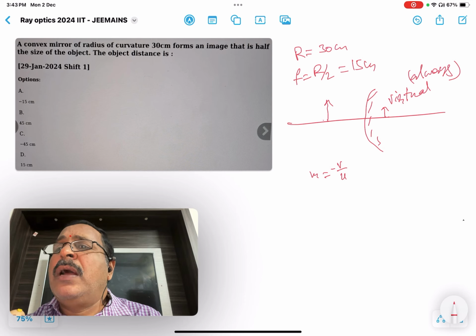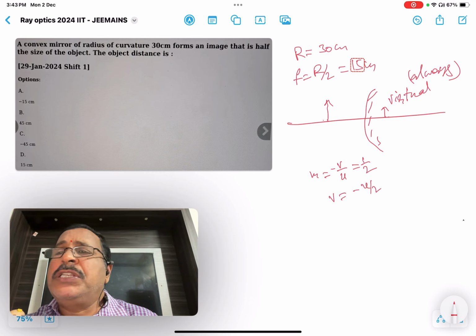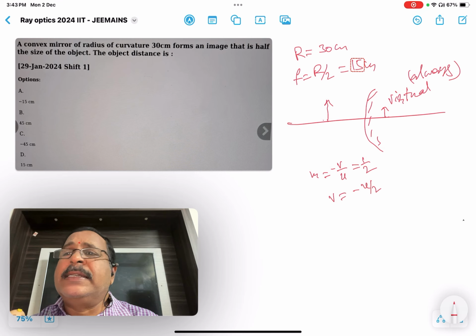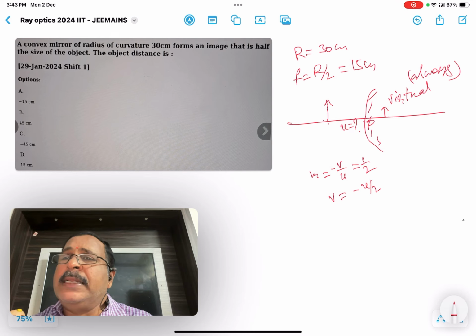This value is given as half, means 1 by 2, then v is equal to minus u by 2. This is given. The question is, what is the object distance? Object distance means from here to the center of the mirror, that is P, the pole of the mirror. So this is the question, object distance.